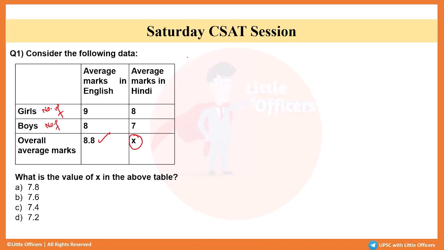Now from the first data, that is average marks in English and overall marks in English average, इस बेसिस पे वी कैन फाइंड समथिंग. क्या फाइंड कर सकते हैं? सी, द टोटल मार्क्स of girls इन इंग्लिश. लेट्स से गर्ल्स का जो टोटल नंबर जो है ये a मान लेते हैं एंड बॉयज का नंबर जो है वो b मान लेते हैं, देन वी विल फाइंड द रिलेशन बिटवीन a एंड b सो दैट वी कैन सॉल्व दिस x. सो ये कितना बनेगा, 9 इज द एवरेज एंड ये नंबर ऑफ गर्ल्स a आर देयर, सो 9a. सिमिलरली टोटल नंबर ऑफ बॉयज, टोटल मार्क्स ऑफ बॉयज इन इंग्लिश कितना आएगा, 8 इंटू b आएगा.